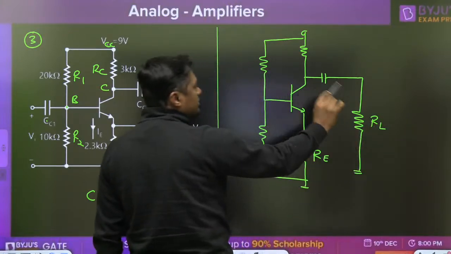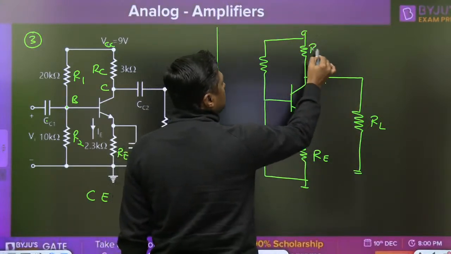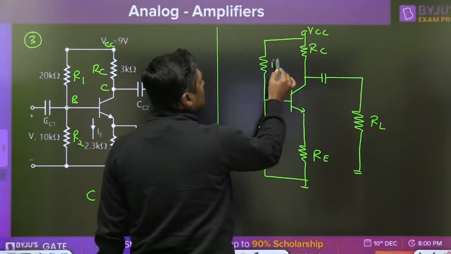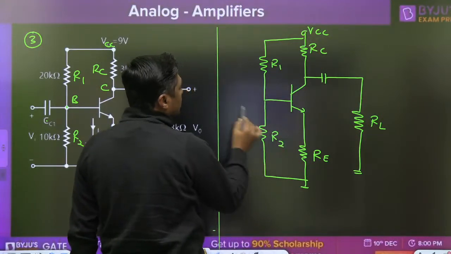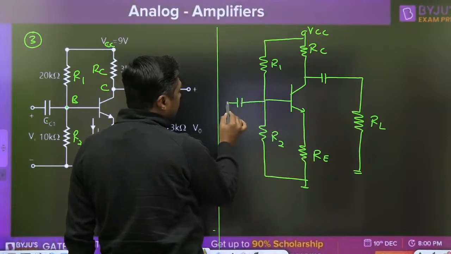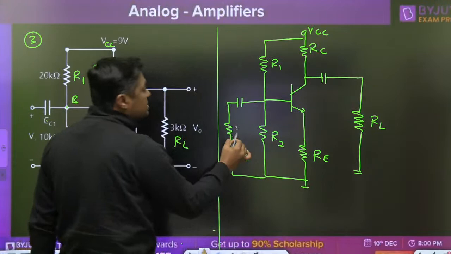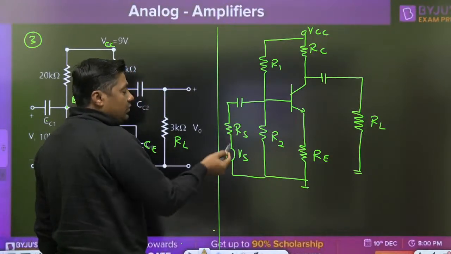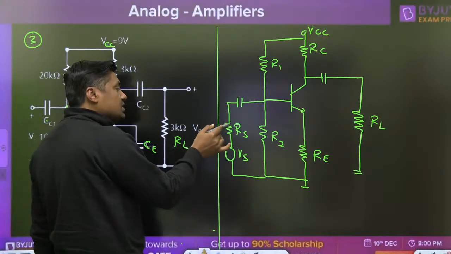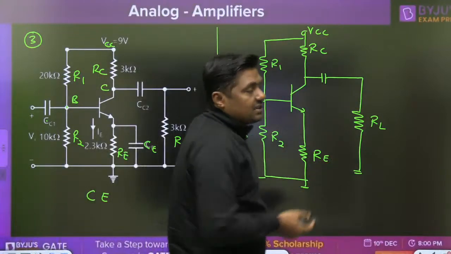Sometimes RL is given, sometimes RL is not given here. No problem. RC, VCC, R1 and R2. Here we are connecting the capacitor. Sometimes RS is given, sometimes RS is not given. In 99% of cases, RS is 0. Directly VS is connected here. But when RS is given, then what should be the approach? That is the question.